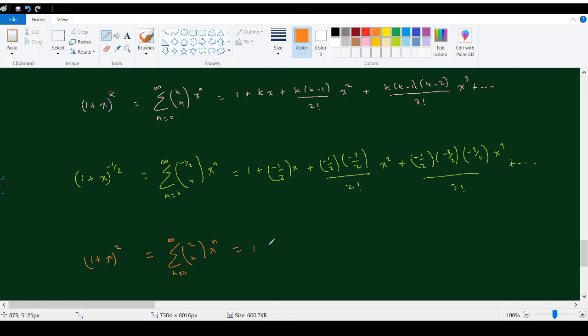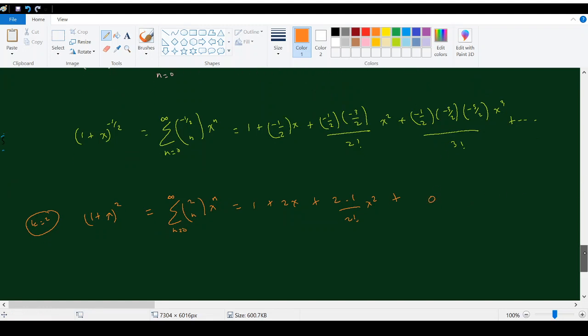Here you have 1 and here you have 2x, and here you will get 2 times 2 minus 1 over 2 factorial, x squared. And after that, in each and every binomial coefficient, you will get this k minus 2 term. So, as k is equal to 2 in this case, from here onwards, you will get 0.